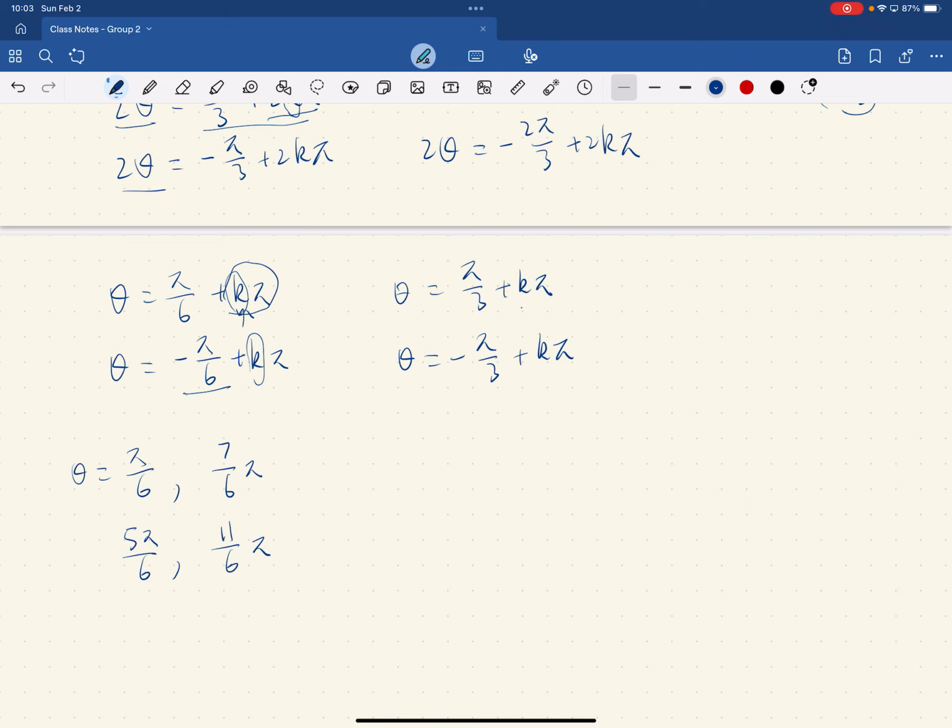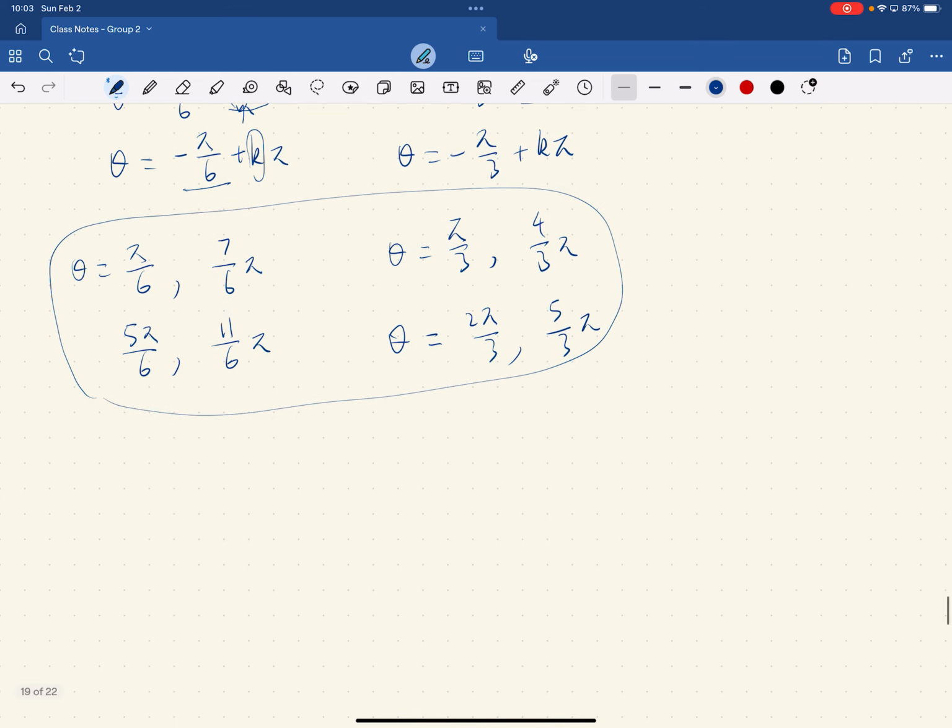And you can try here, theta equals pi over 3, when k equals 0, and k equals 1. It can't be 2, because 2 is more than 2 pi. It's k equals 1, k equals 2. So these are the 8 values, right?